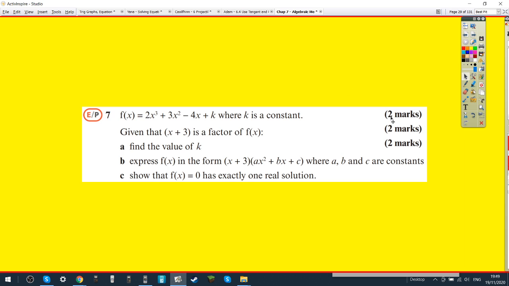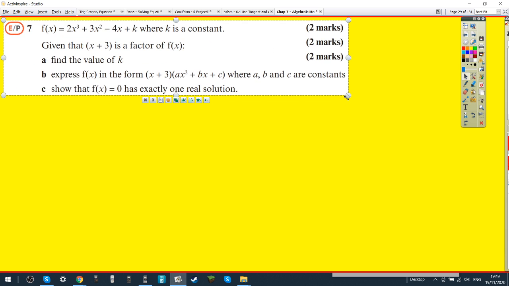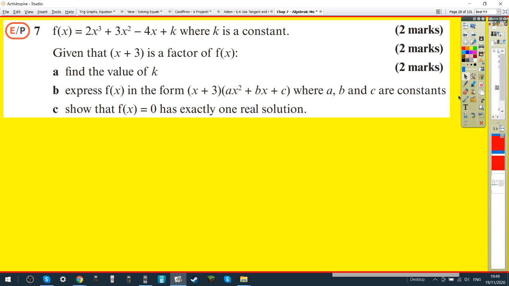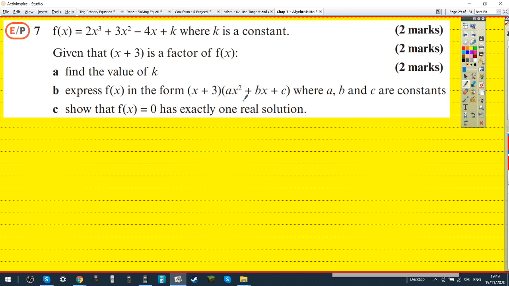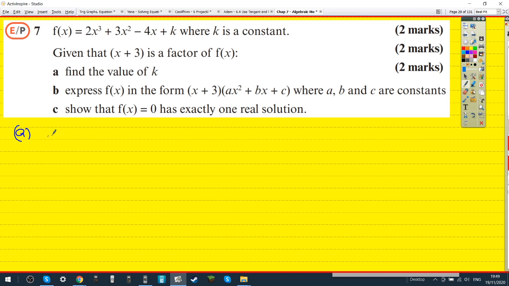How would you do part A? What do you know about a factor? When it's factorized out as brackets, would that be all 3 numbers in the brackets multiplied together to make k?